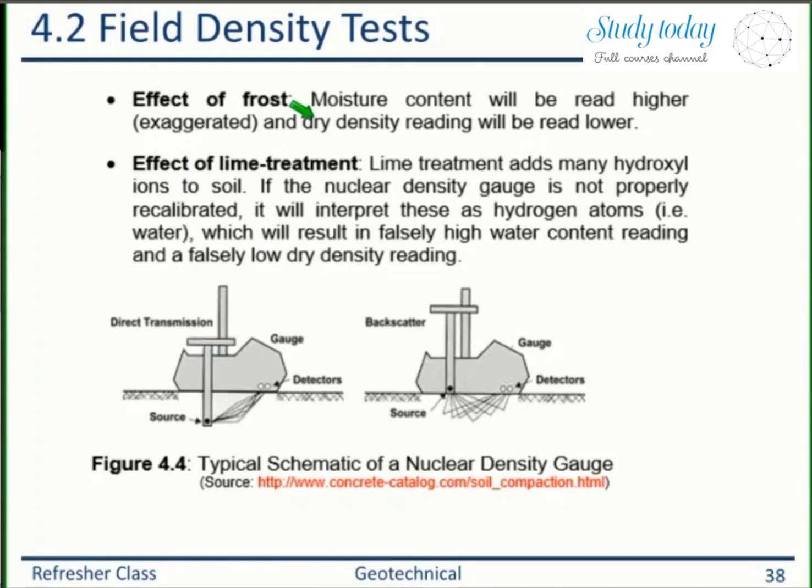Once the moisture content is read higher, the corresponding dry unit weight will be lower, because they are inversely proportional, right? So the effect of frost is that moisture content will be read higher, an exaggerated value, and the dry density will be read lower.